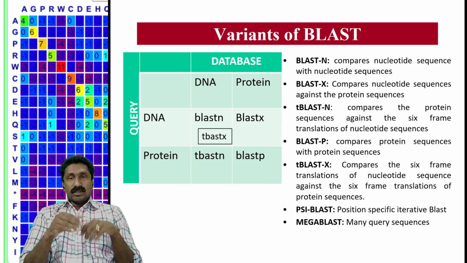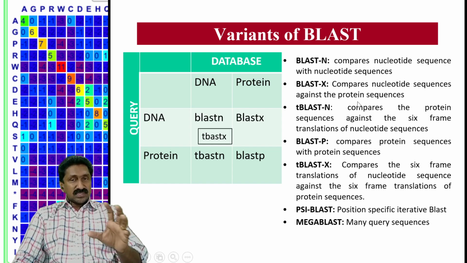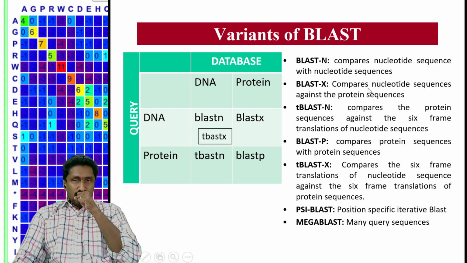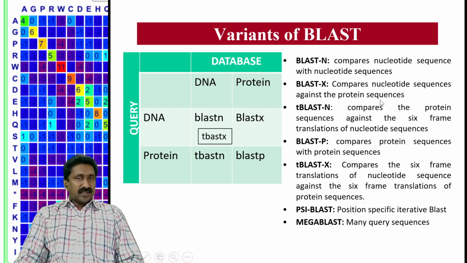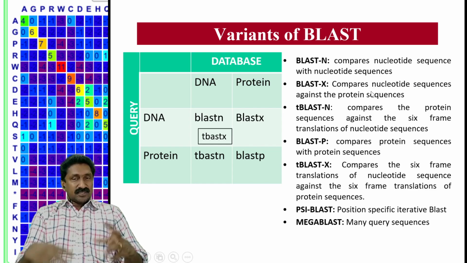As a human, if I ask you to read this sentence, 'BLAST compares nucleotide sequences against protein sequences,' you will apply your logic, read the words and identify the meaning, right? But if I merge all these words together, then you have to find where to insert the spaces, separate the words and extract meaning.